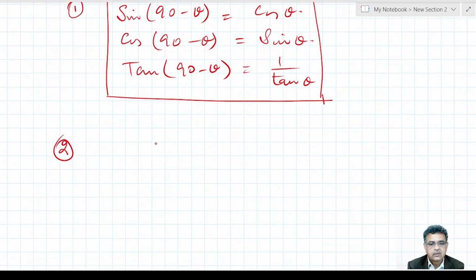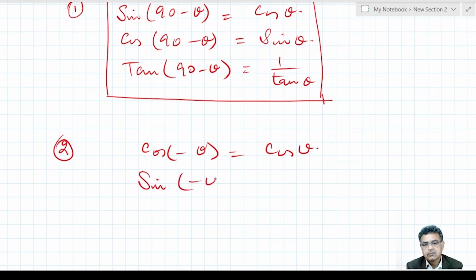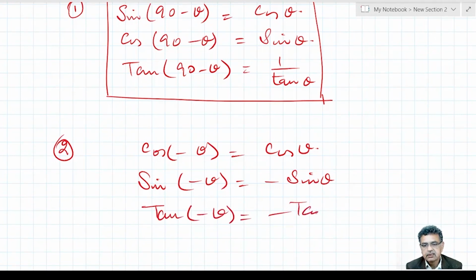Number two, this we have already discussed in another video, that cos minus theta is equal to cos theta. But sine minus theta is equal to minus sine theta, and tangent minus theta is equal to minus tangent theta.